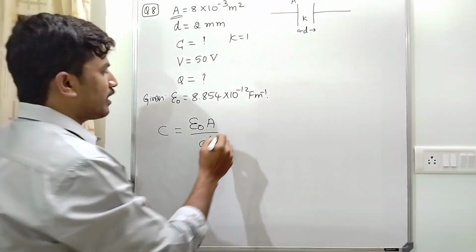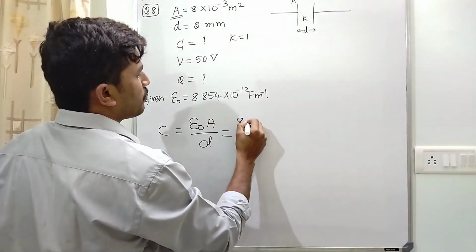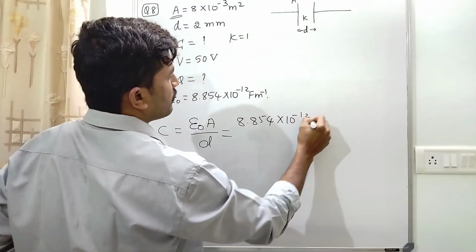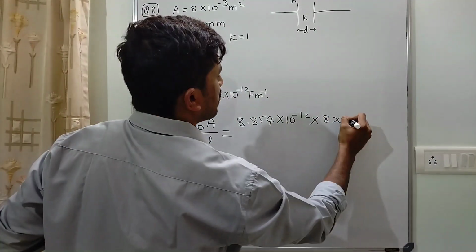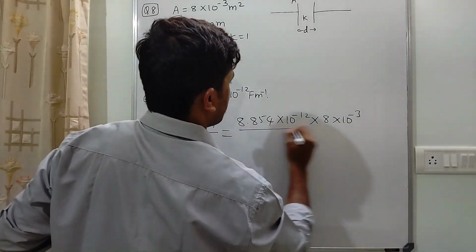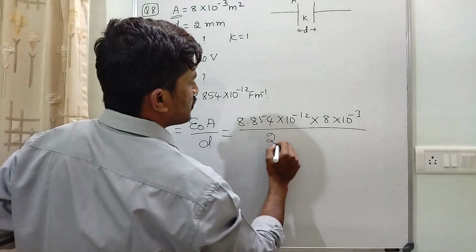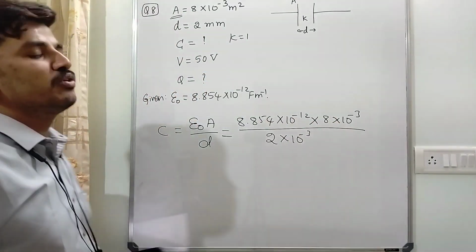Now if I substitute the values here, epsilon naught is given as 8.854 into 10 to the power minus 12, into area, which is directly given, 8 into 10 to the power minus 3, divided by d, which is 2 millimeter. 2 millimeter means 2 into 10 to the power minus 3. This capacitance value we need to calculate.